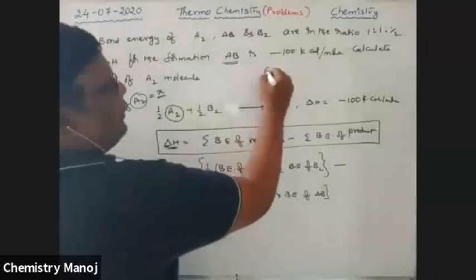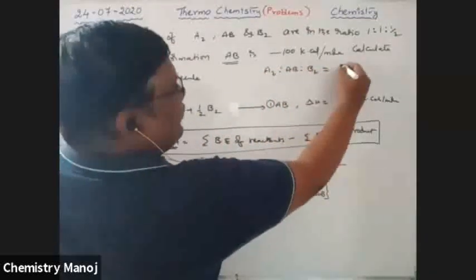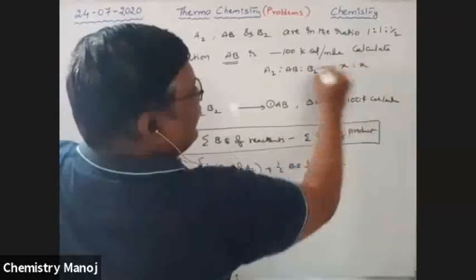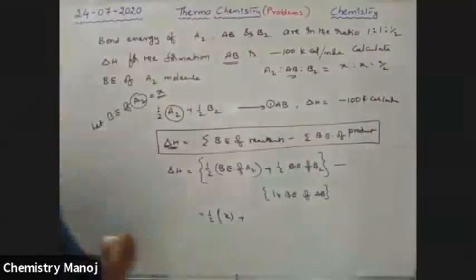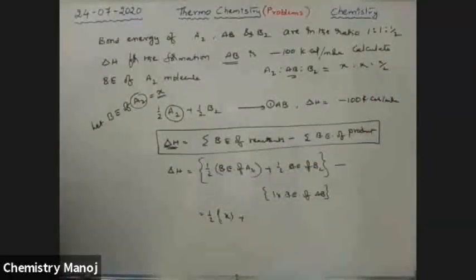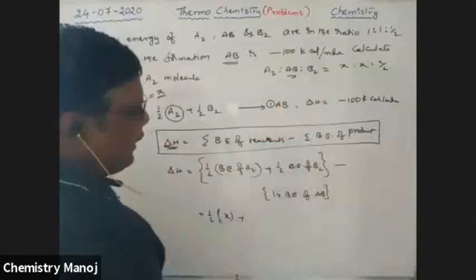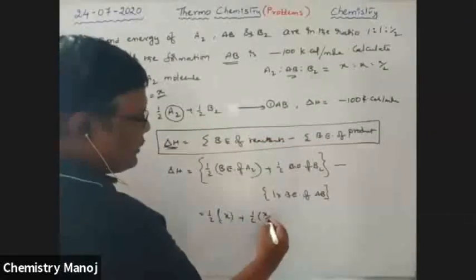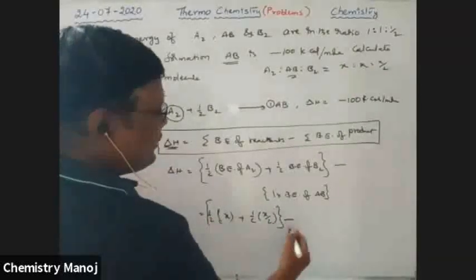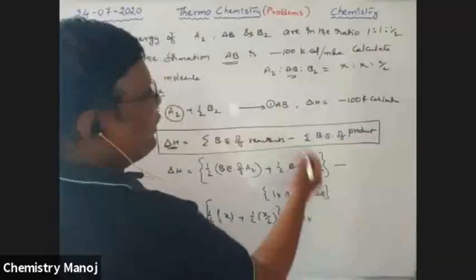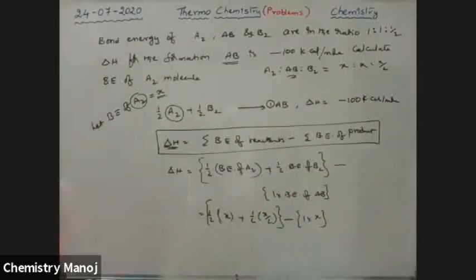Here A2 to AB to B2 means if A2 is X, B2 is X by 2. So that is the ratio, boys. Therefore, A2 is X, B2 is X by 2, so 1 by 2 into X by 2, minus 1 into bond enthalpy of AB, which is also X.